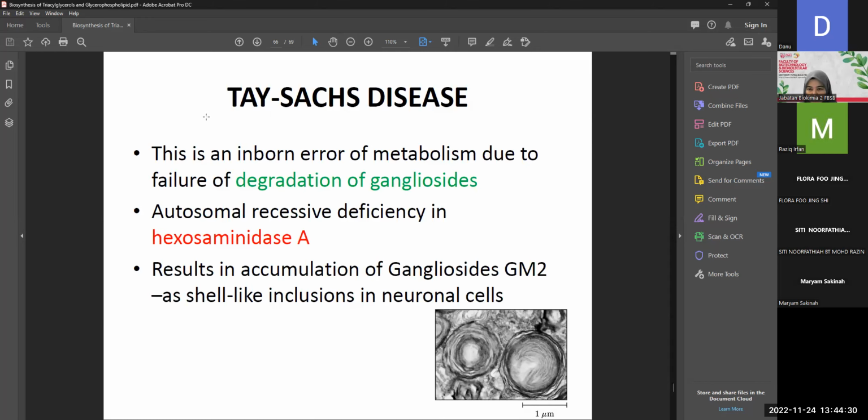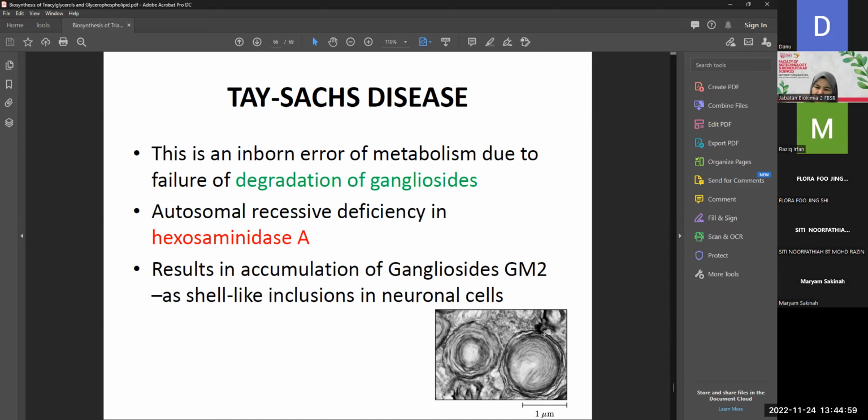All right, so this one is Tay-Sachs, a deficiency in hexosaminidase A. We know that it causes accumulation of ganglioside GM2. This is one of the images they can use to detect a deficiency of enzyme.